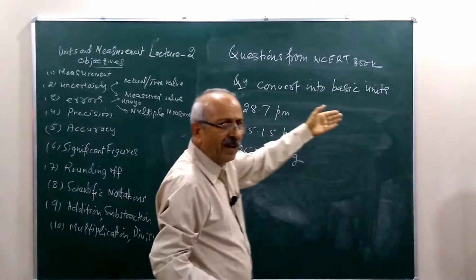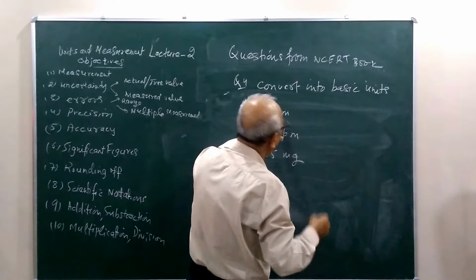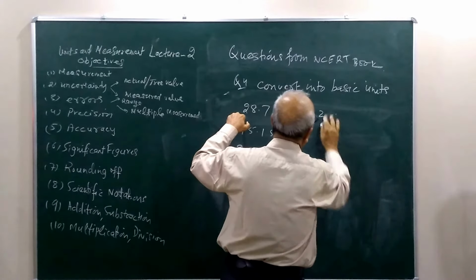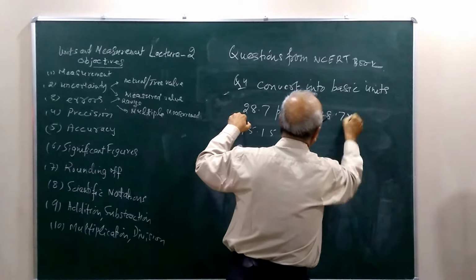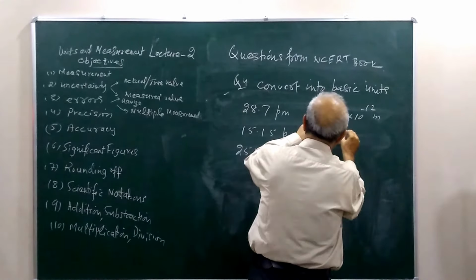What is a basic unit? I told you there are 7 basic units, and for length it is meter. So 28.7: 1 picometer is nothing but 10 to the minus 12 meter, and express it in scientific form.